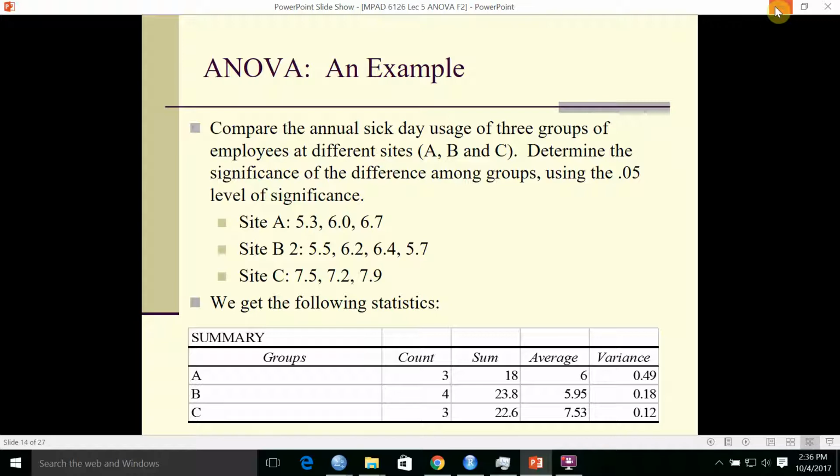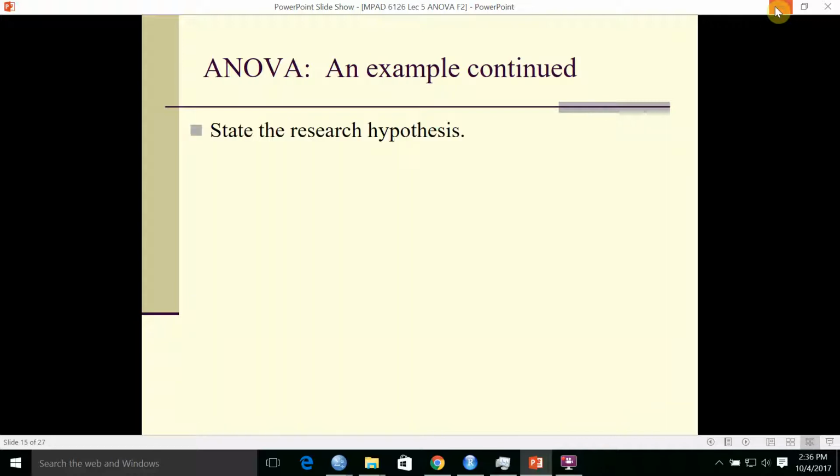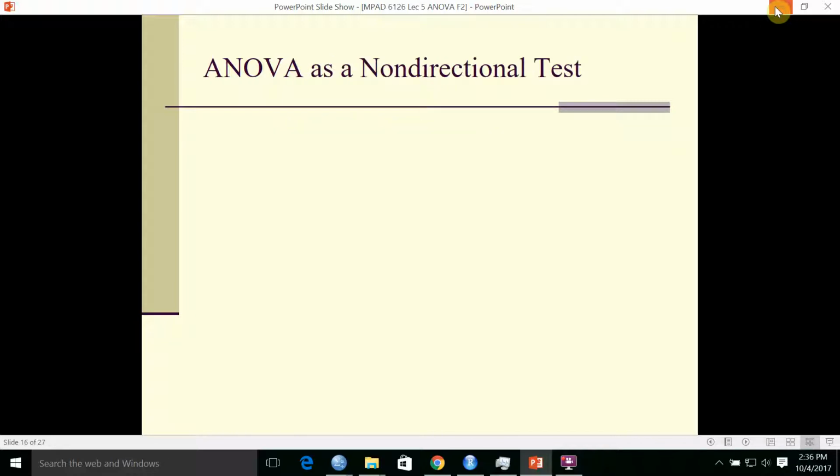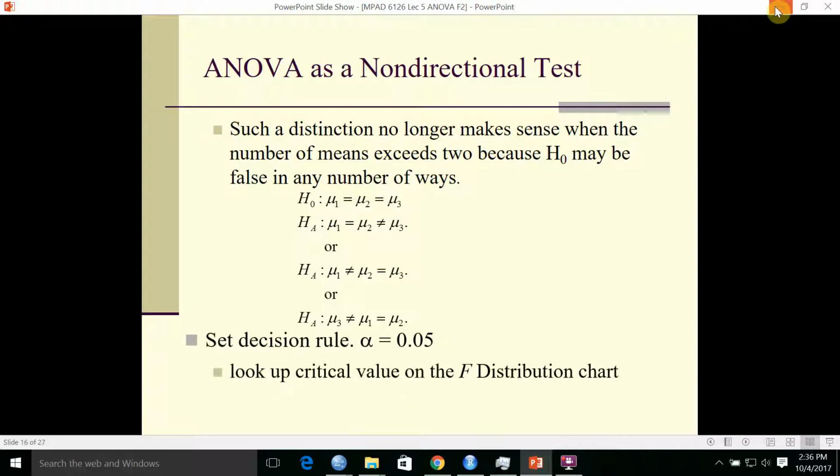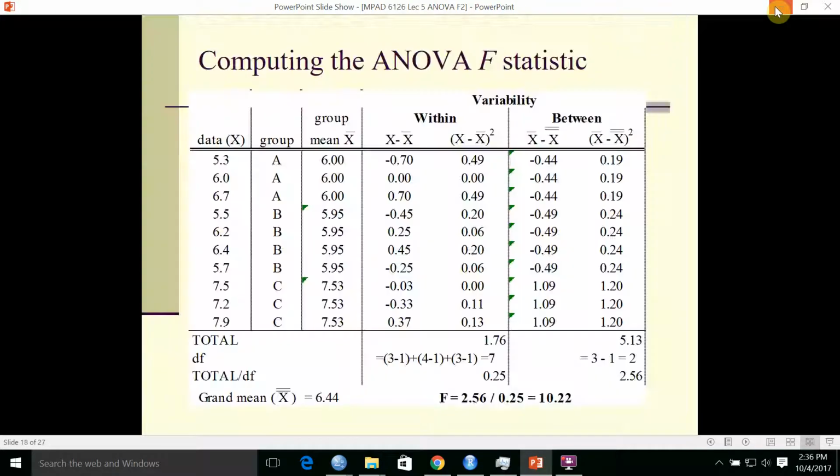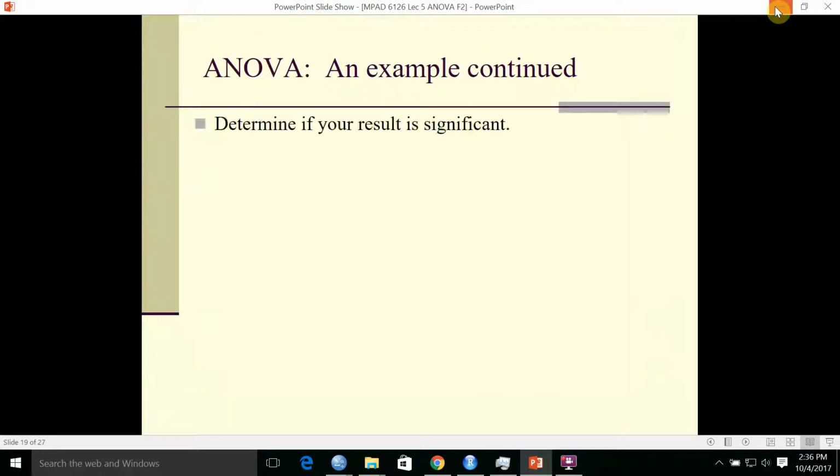And so the standard deviations, if you square root those, are approximately 2-to-1. So we're very close to meeting the assumptions of the ANOVA.